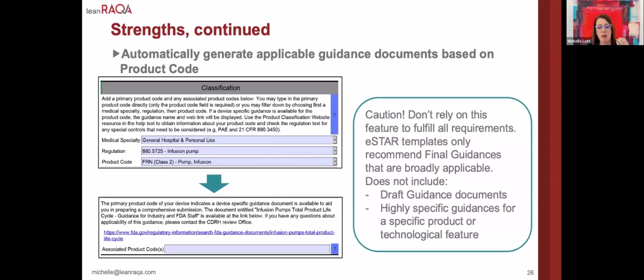It prompts you to make sure that you have considered elements of this guidance document. But don't necessarily rely on this feature all on its own because it doesn't include draft guidance documents. Now, you don't necessarily have to be compliant to draft guidance documents, but they do show you what FDA's current thinking is for a particular product code, and it may foreshadow types of additional information requests that you could get.